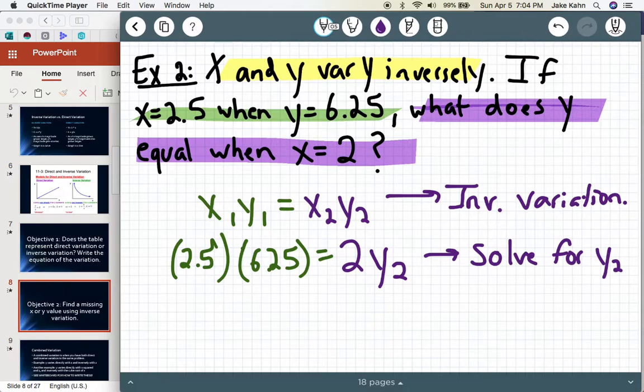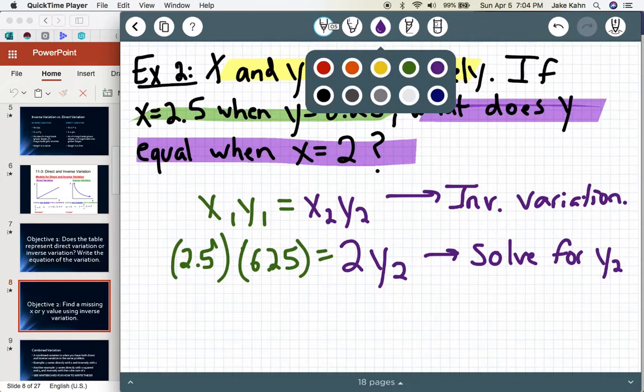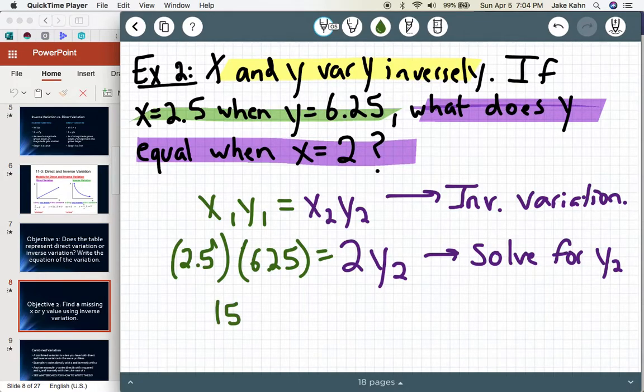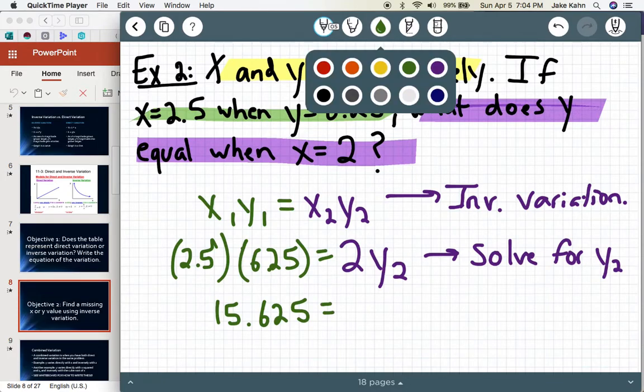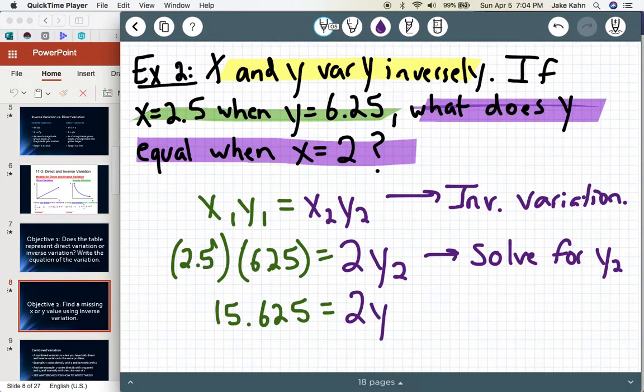Cool. So on the left-hand side, I'm doing 2.5 times 6.25 in my calculator, and I get 15.625 is equal to 2y2.